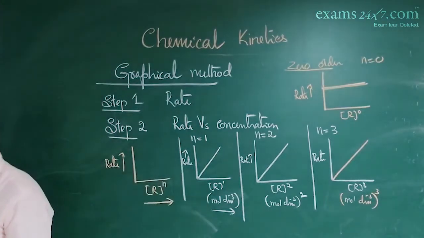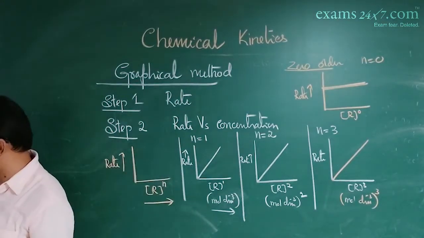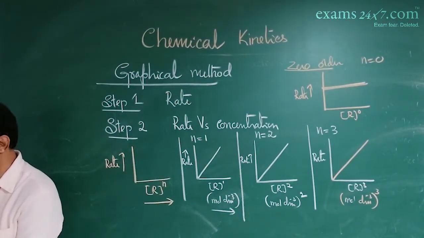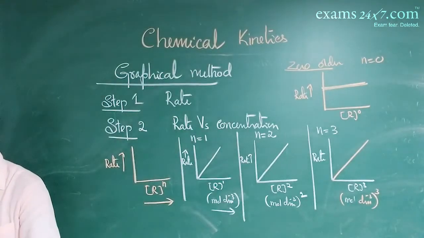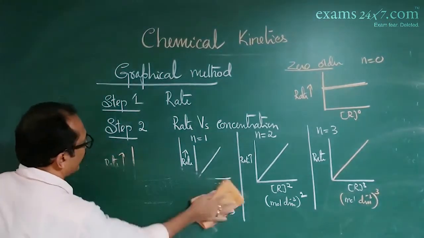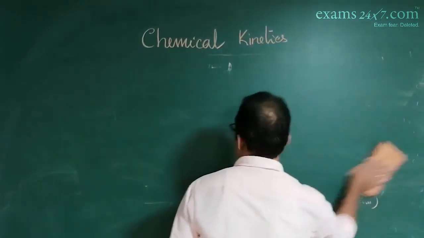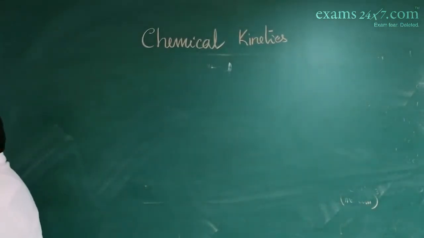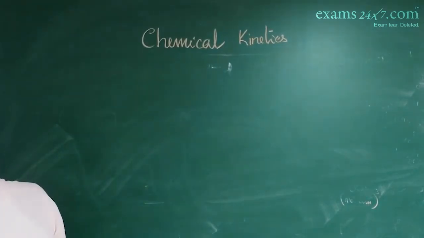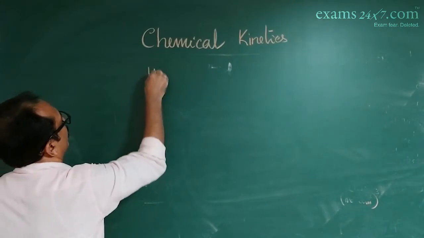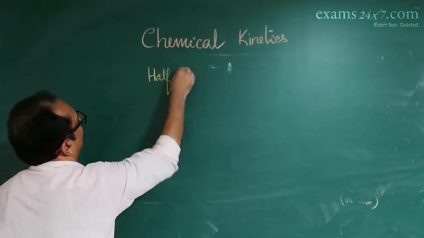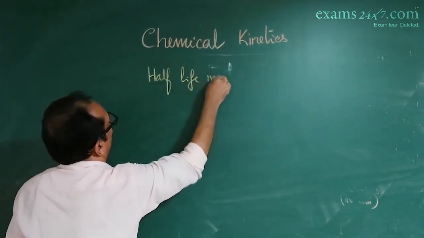There is one more method. That method is called the half-life method, using the half-life of the reaction. So in the half-life method, the determination of order is done with respect to half-life.